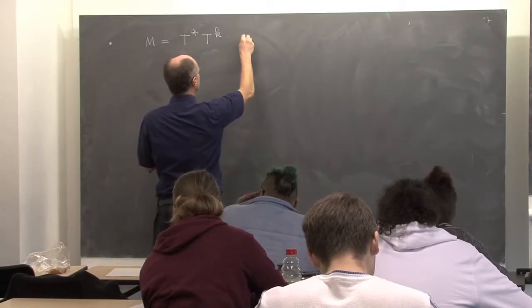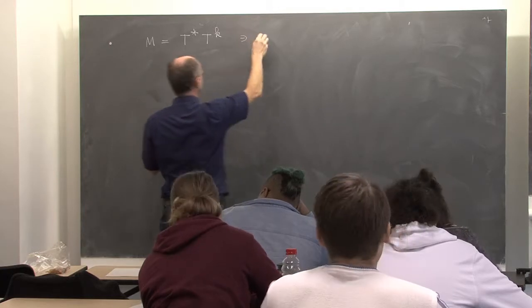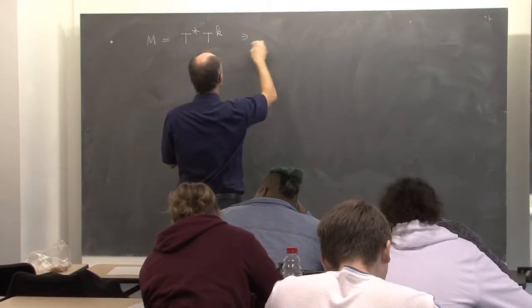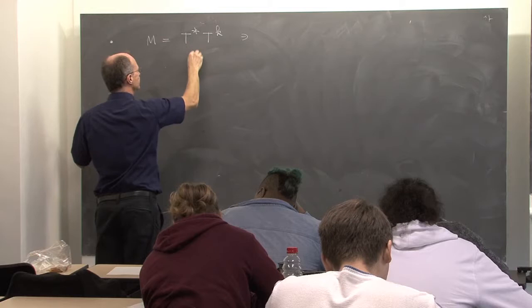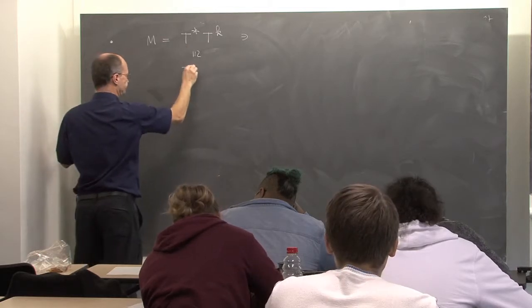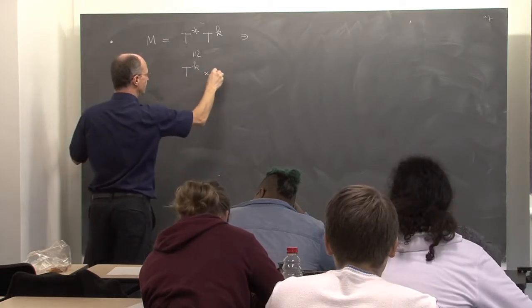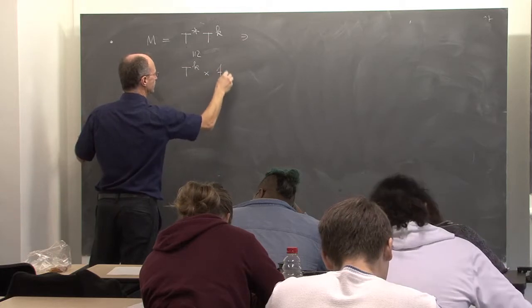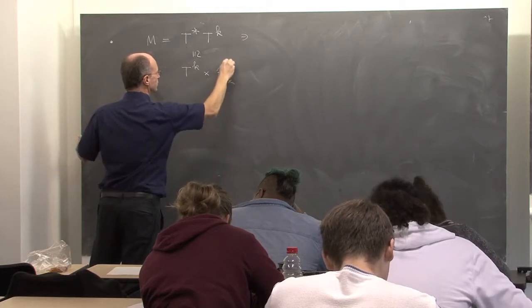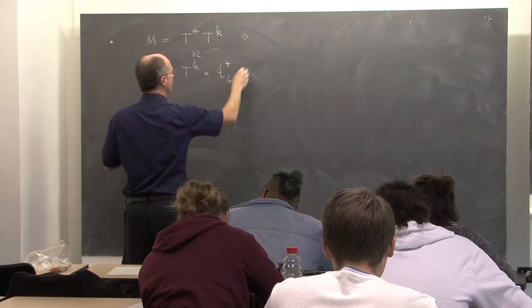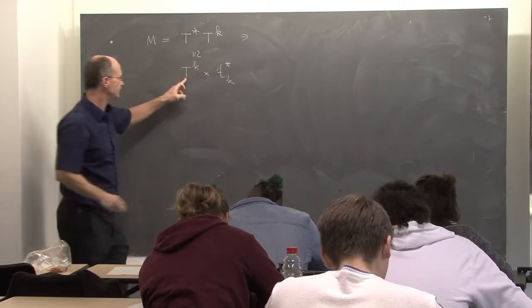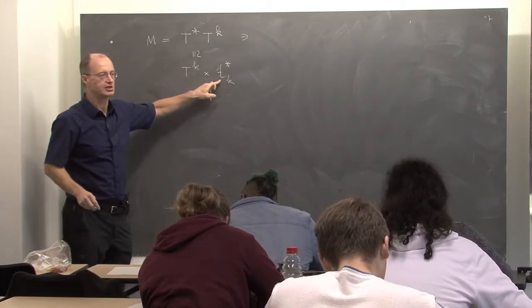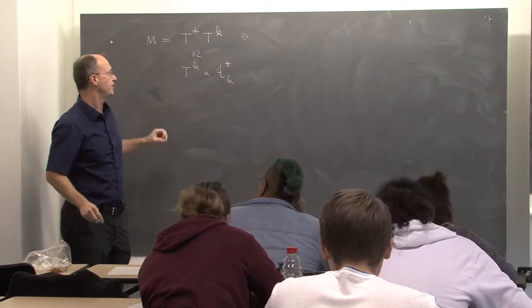Let me introduce explicit coordinates here, right? So this is isomorphic to Tk cross the dual of its Lie algebra. And so this is our torus, and this is just a k-dimensional space, Rk.